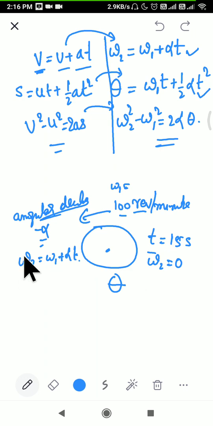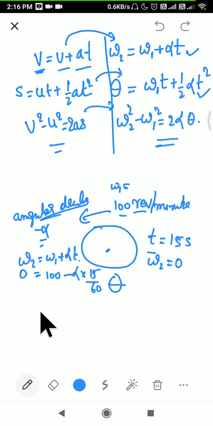Now we will substitute: 0 equals omega 1, which is 100 revolutions per minute, plus or minus alpha, and t is 15 seconds. Whatever answer we get will be in revolutions per minute square, so instead of 15 seconds we have to give it in minutes, which is 15 by 60 minutes.